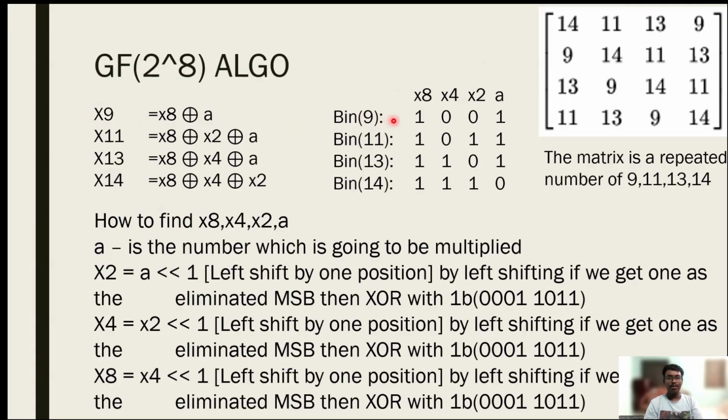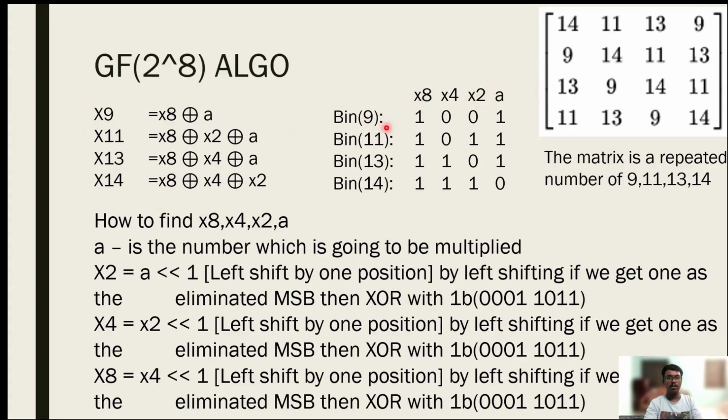We get 1001. You can see the labels here. It's nothing but powers of 2: 2 power 0, 2 power 1, 2 power 2, 2 power 3. 2 power 0 is 1, 2 power 1 is 2, 2 power 2 is 4, 2 power 3 is 8. So you may see how these numbers came about.